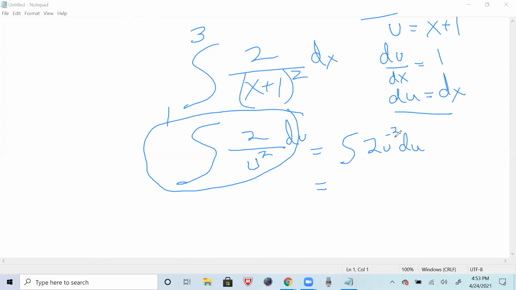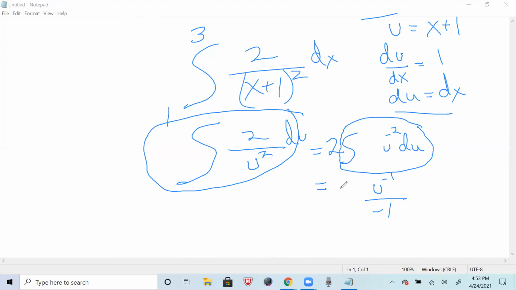And so I'm going to take the 2 out just for clarification on doing this first one. Make it simple. You don't actually have to do that every time you have a constant. But what we have left over, in other words, what that is u, we add 1 and divide by the new exponent.